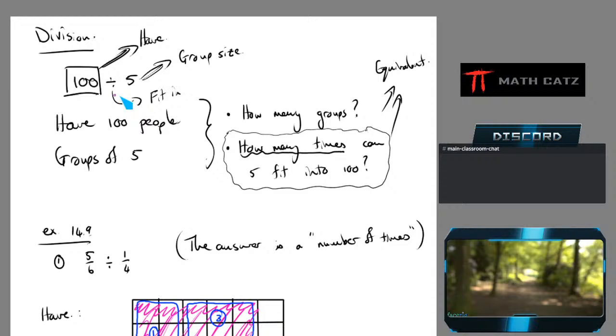But it's all connected to my understanding that's already established when it comes to integer division. Group size, how many groups can fit, or how many times can I fit a group of a specific size? Those things are equivalent when it comes to the intuitive understanding of division. I'm doing the same thing.